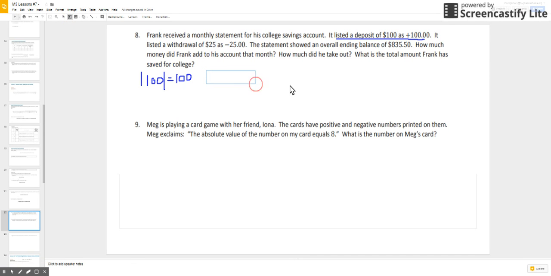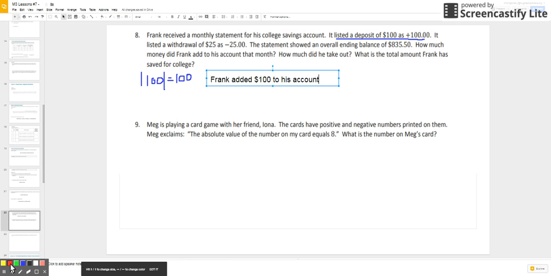Well, this means that Frank added $100 to his bank account. So that's the first situation. The second situation, he withdrew $25, which is the negative 25. The absolute value of negative 25 is equal to positive 25.